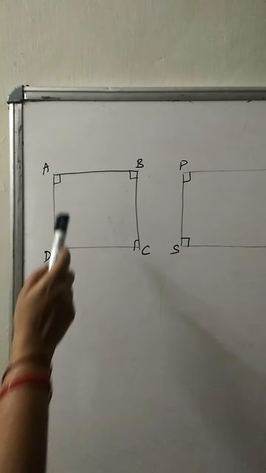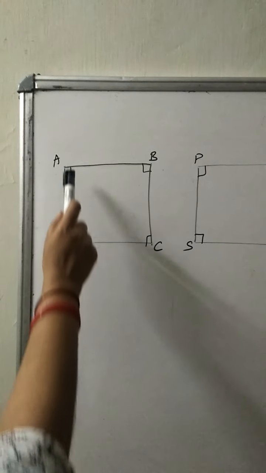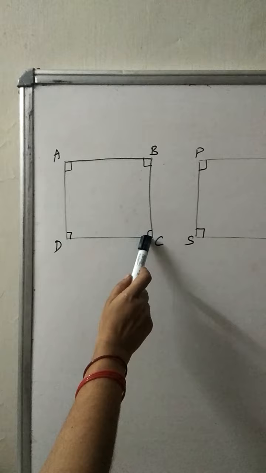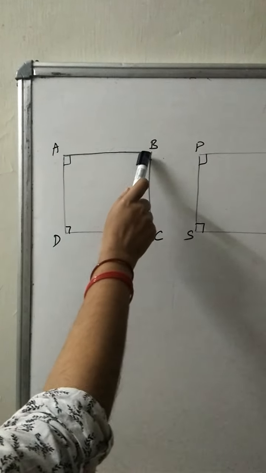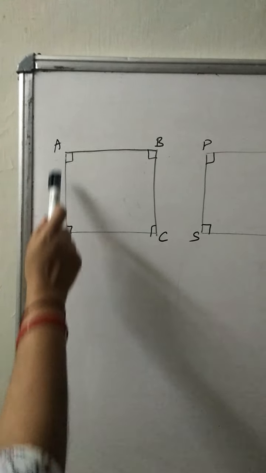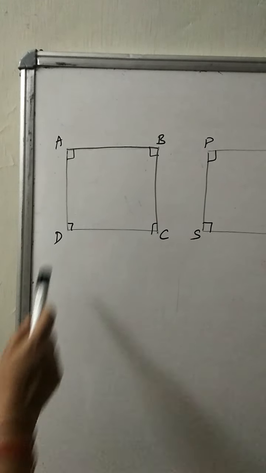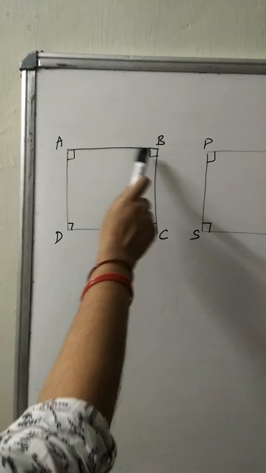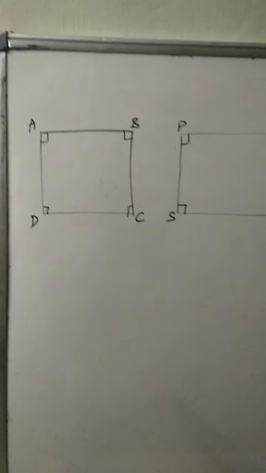Now the special property of the square is that all the sides are equal. That means AB is equal to BC is equal to CD is equal to DA. All the sides are equal and each angle is equal to 90 degrees. Opposite sides are parallel.